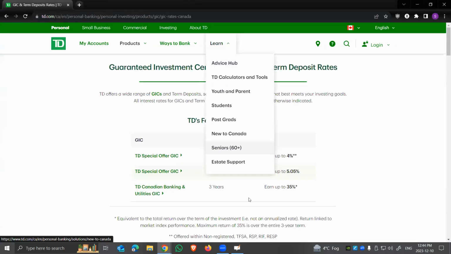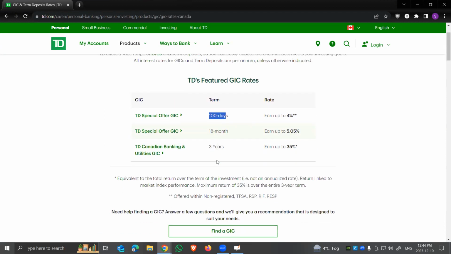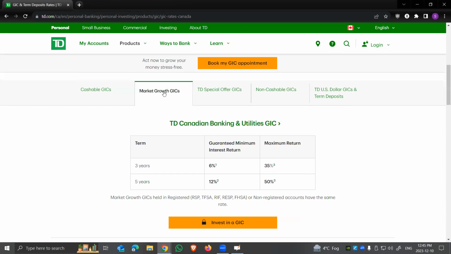So you have short-term ones, okay? Like this one, which is 4%. It says up to, so that's the maximum you could possibly earn. And you have the long-term one, 18 months, 3 years. But I know there's one that's even longer. Here, 5 years. Look at this. You can make 12%. And this is dependent upon the stock prices.